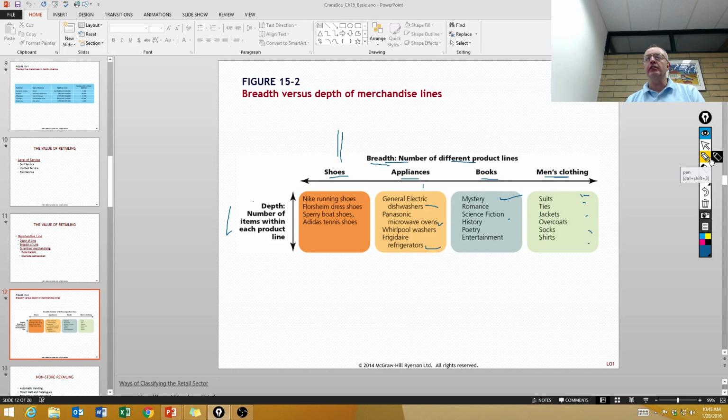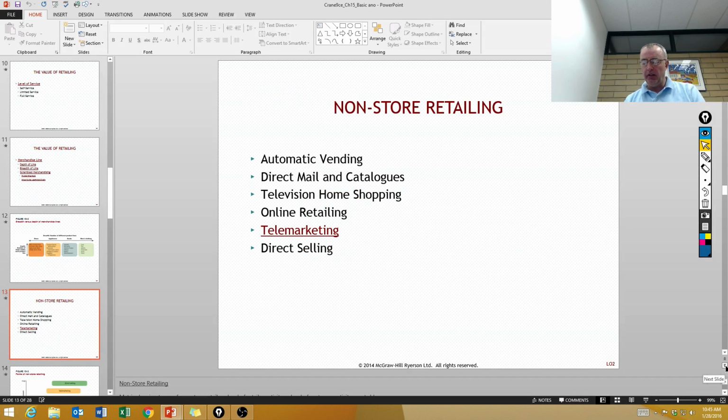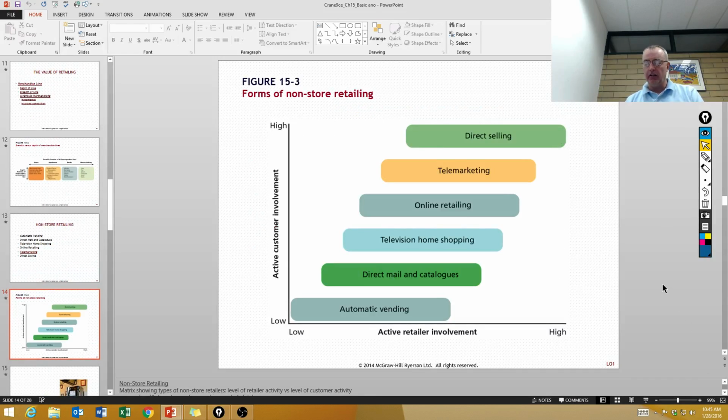Okay, so this next little section looks at all these weird and wonderful forms of non-store retailers. So these are ways of selling product to consumers, but not using a store that we visit and buy stuff at. And I'm just going to move on to the next slide here because I kind of like this little chart.